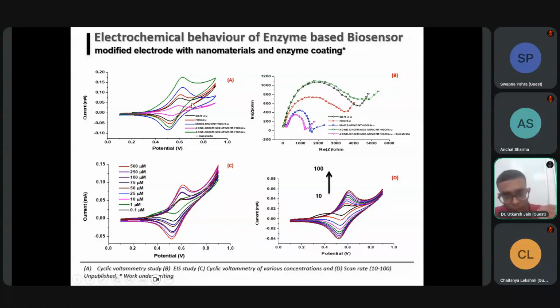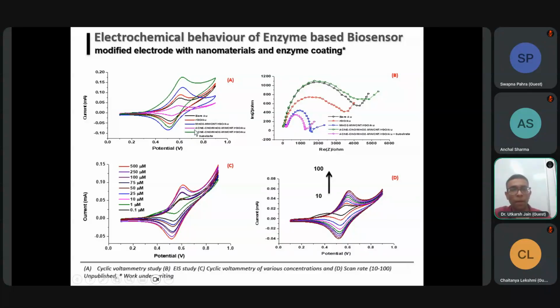Now I start coating nanomaterials as the biorecognition element. Here there was a composite with gold nanomaterials and reduced graphene oxide, and once I electrochemically deposited the reduced graphene oxide on the electrode surface, you see an enhancement of the current, which is indicated in the red graph, right?